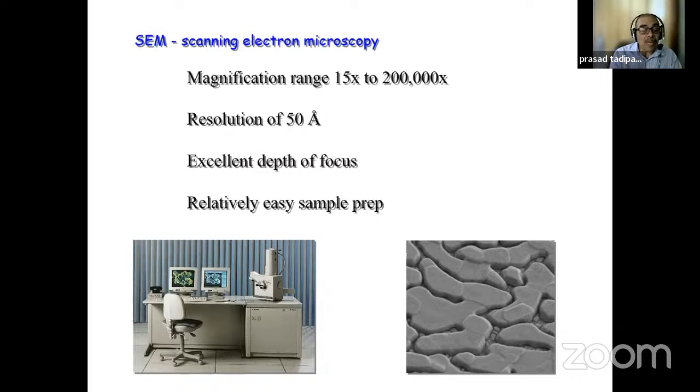Scanning is controlled by applying an electrical signal to one pair of scan coils, such that the electron beam strikes the sample to one side of the center of the axis of the lens.